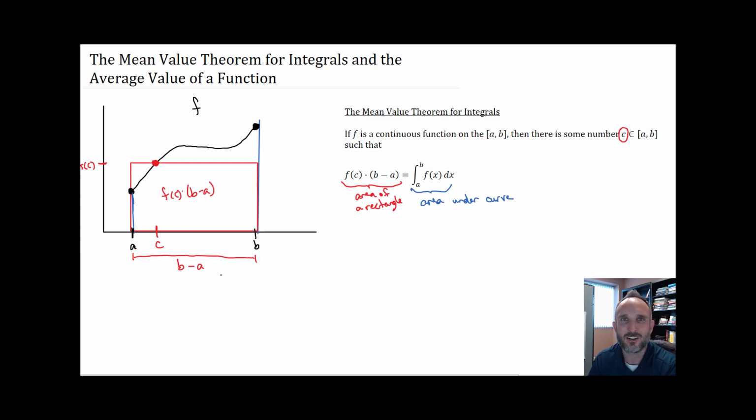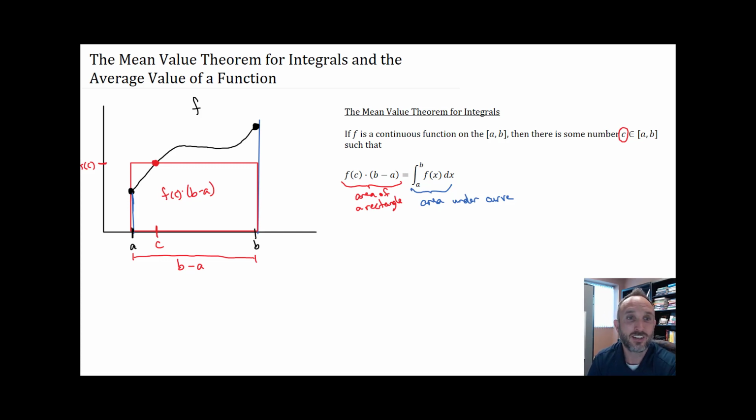That's the area of the rectangle. And the area of the rectangle equals the area under the curve. The mean value theorem guarantees that you can find a c to attain the height you need so that you get a rectangle of the same area. Okay? So that's it. It's pretty simple geometrically to imagine what's going on.